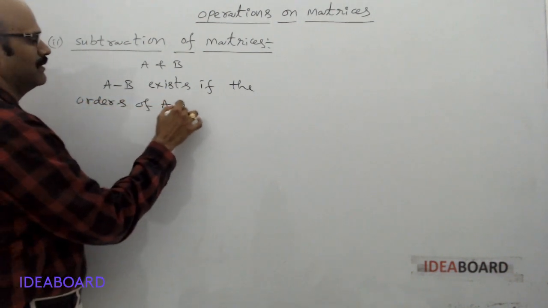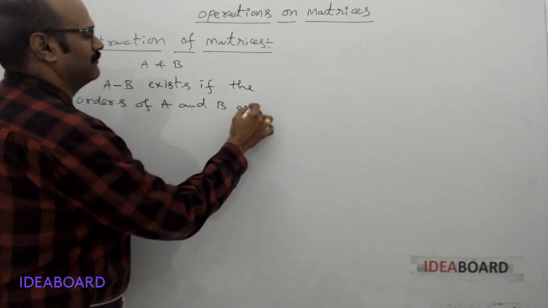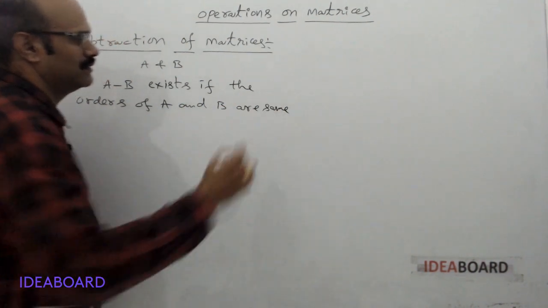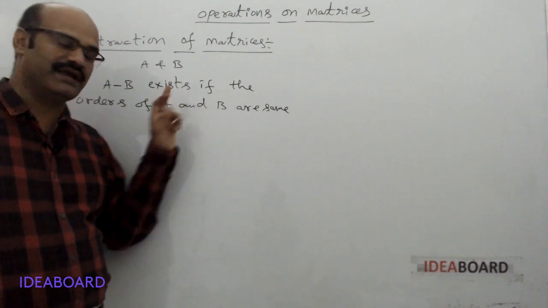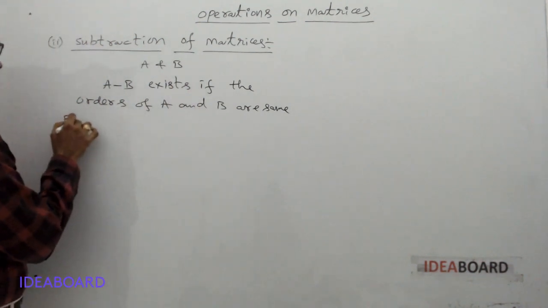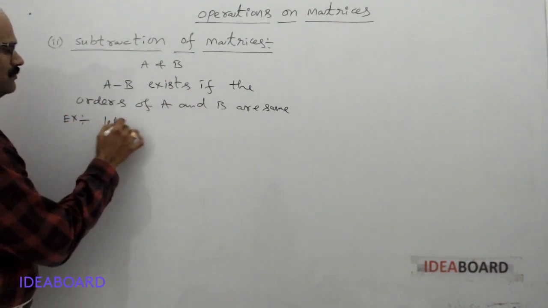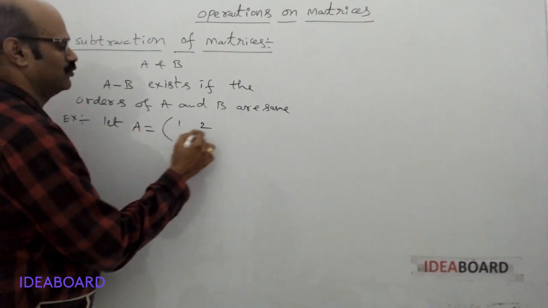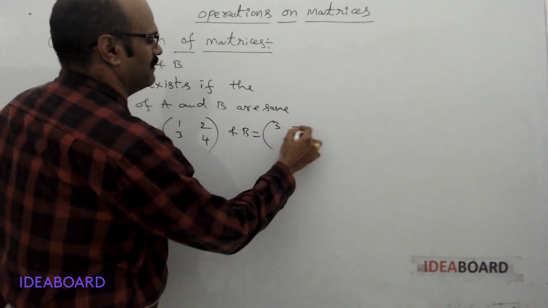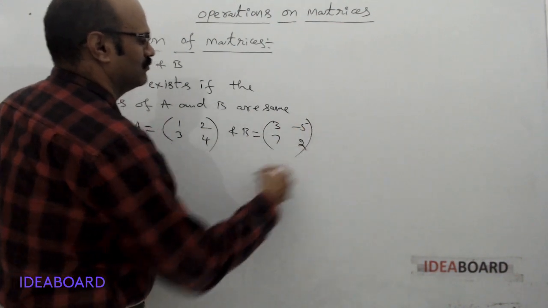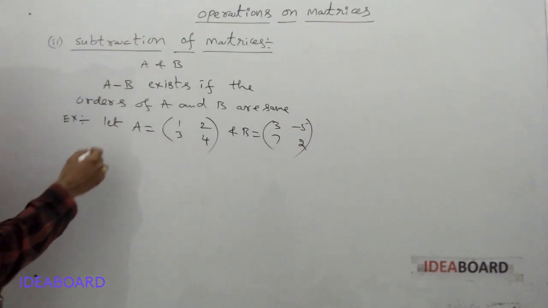Let me take two matrices A and B here. Take A equal to [1, 2; 3, 4] and B equal to [3, -5; 7, 2]. Find A minus B.